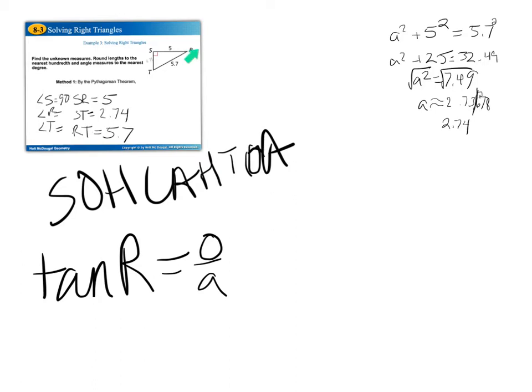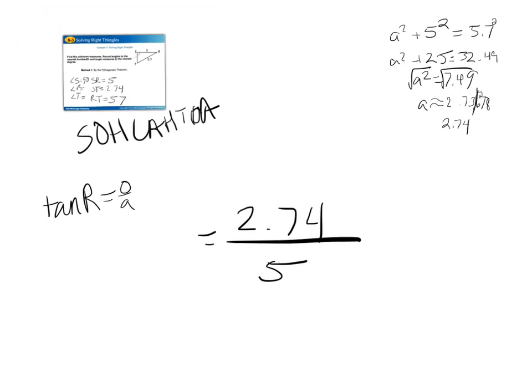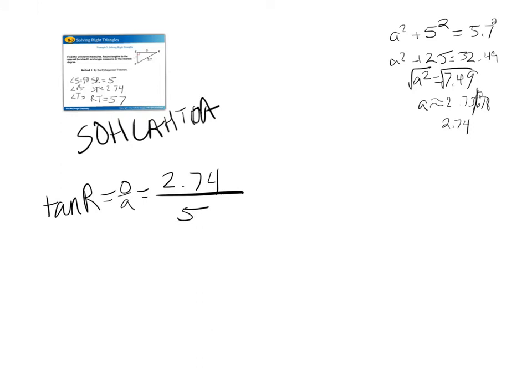So if I look at R, the opposite is our 2.74, and our adjacent was 5. 2.74 divided by 5 gives us 0.548. So tangent of R equals 0.548.